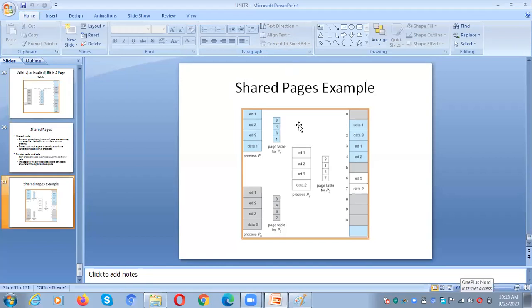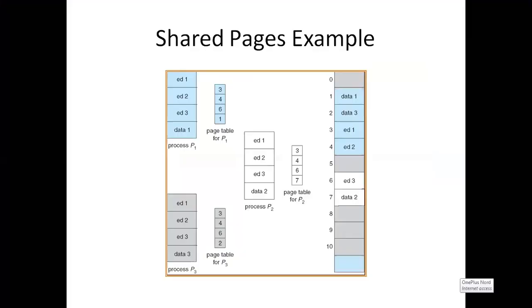Similarly, in this particular case, whenever multiple processes have a common code, we need not keep the common code in the main memory multiple times. Here, process 1, process 2 and process 3 have a common code like ED1, ED2, ED3. So these common pages are kept in the frames only once, in the third, fourth and sixth frames. All the remaining processes use the same frames.